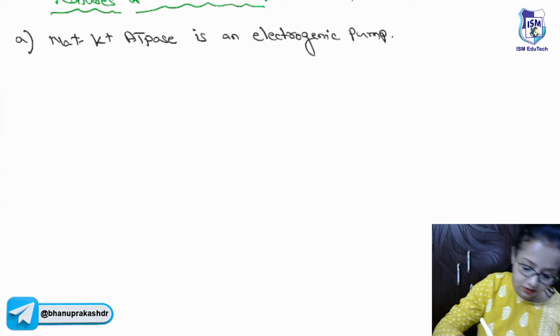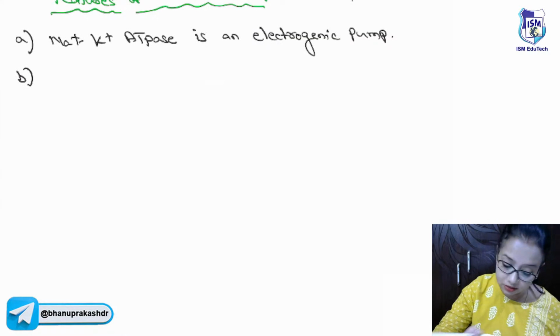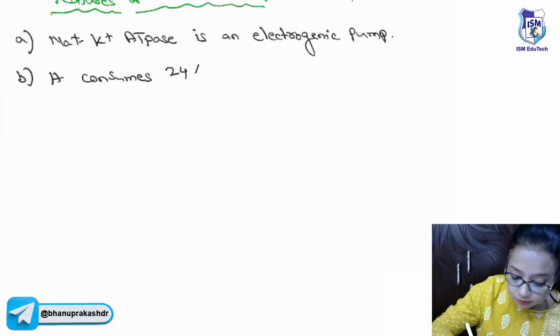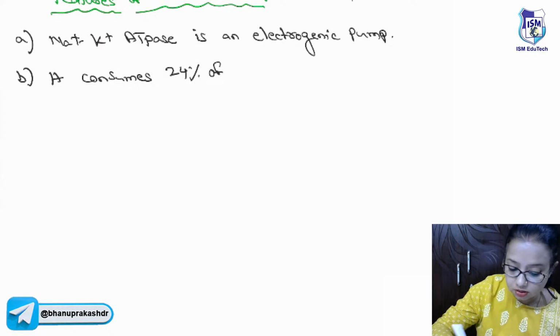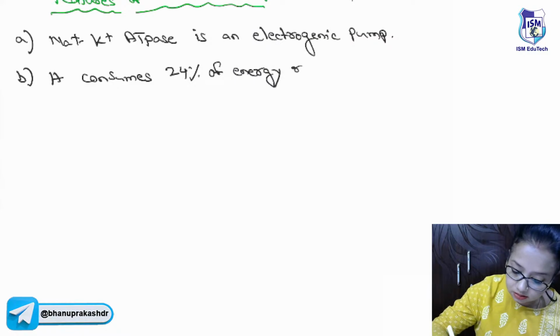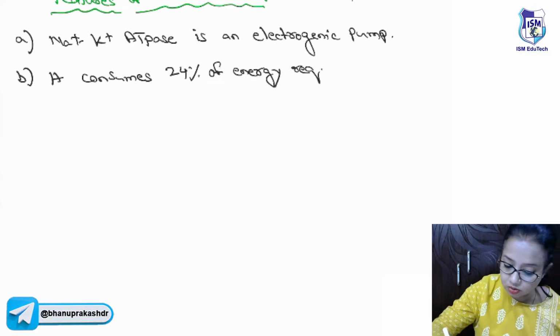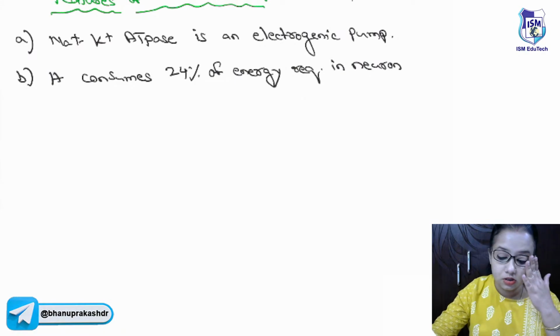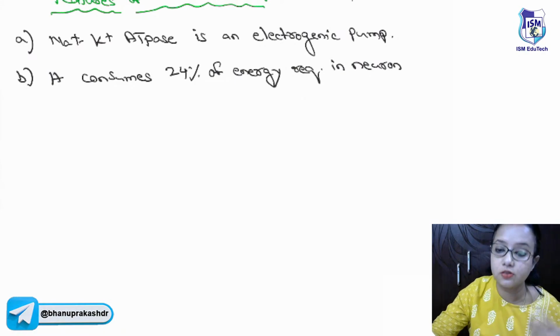This is one feature. Second feature is that this pump consumes 24% of the energy required in the neuron. The neurons are also cells, right? They're the brain cells, the units of the brain. So the neuron also needs energy for its functioning.